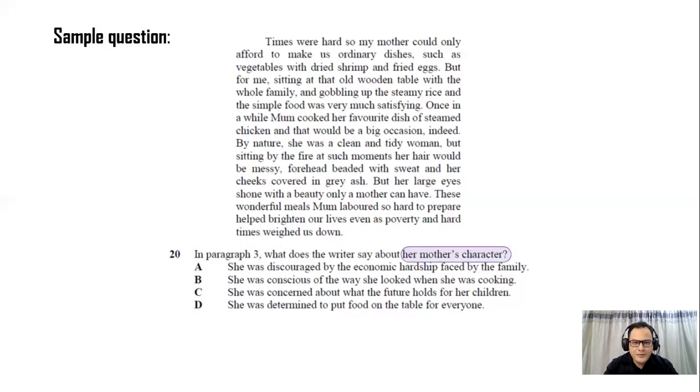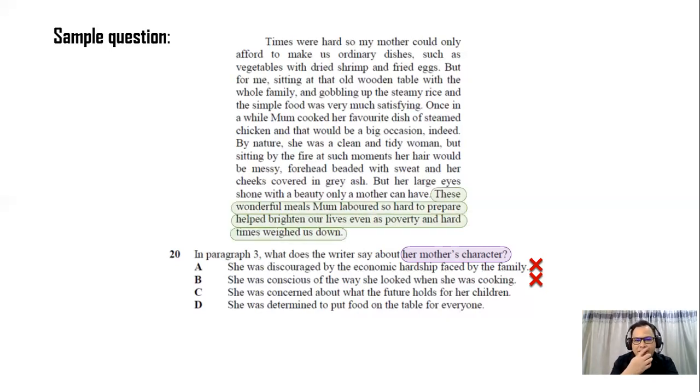So what can we see about her mother's character? We can eliminate option A because she was not discouraged by the hardship. And we can eliminate option B because she was not conscious of the way she looked when she was cooking. So we are left with the options C and D.